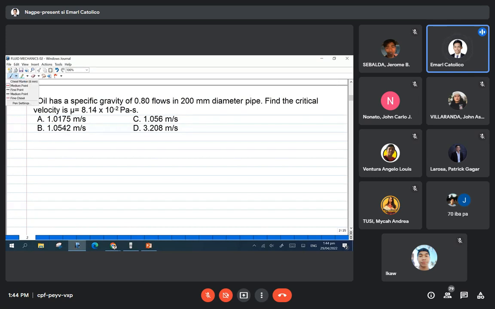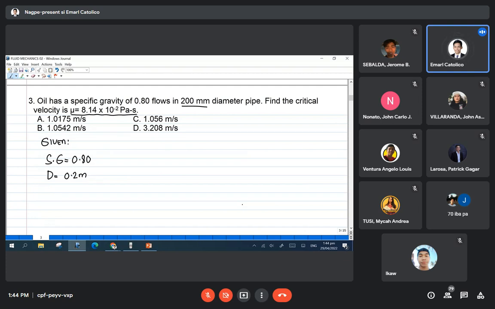Let us get the given. We have a specific gravity of 0.8, a diameter of 0.2 meters, and a viscosity.